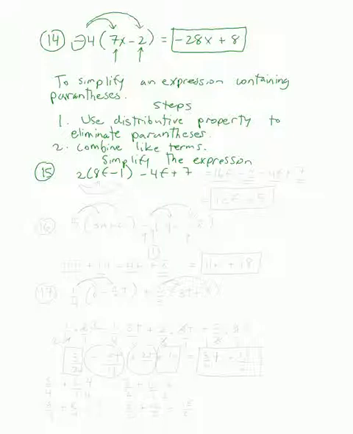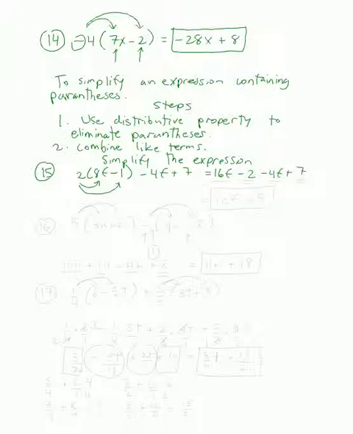Now in this problem, we have to get rid of the parentheses first before we combine like terms. So first I'm going to distribute the 2. So 2 times 8f is 16f, and 2 times negative 1 is negative 2. We still have the minus 4f plus 7, so I just carry that down.